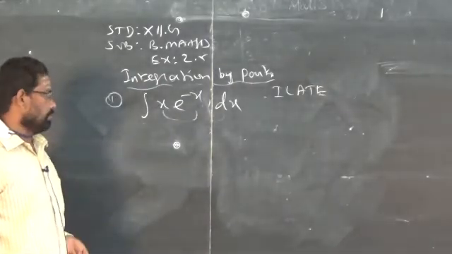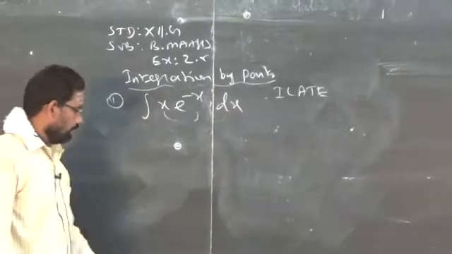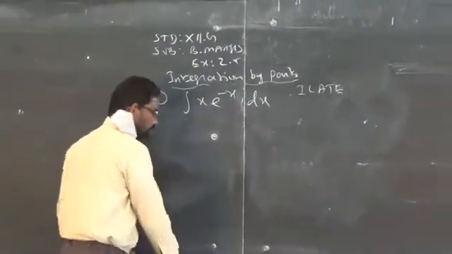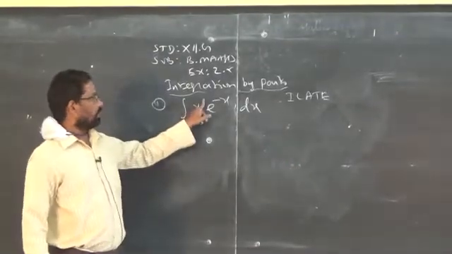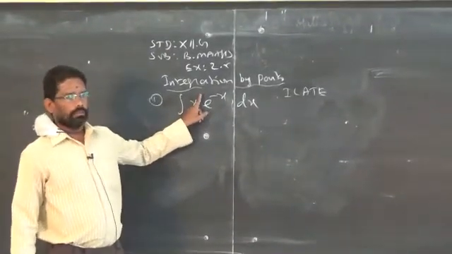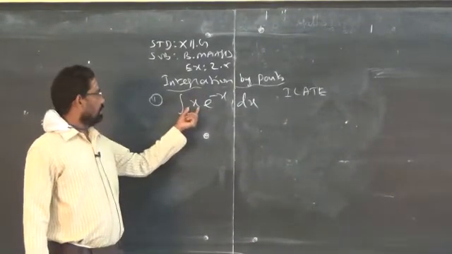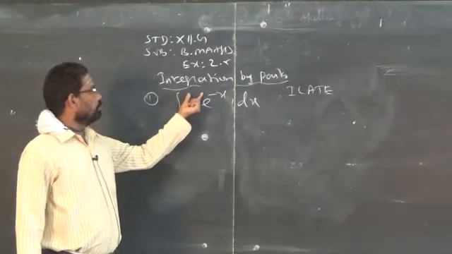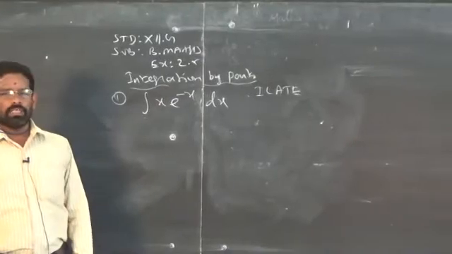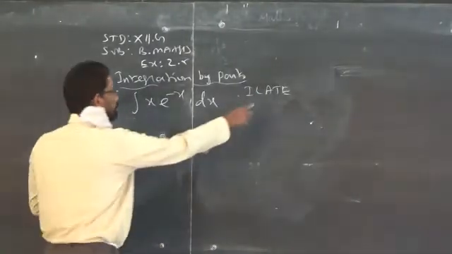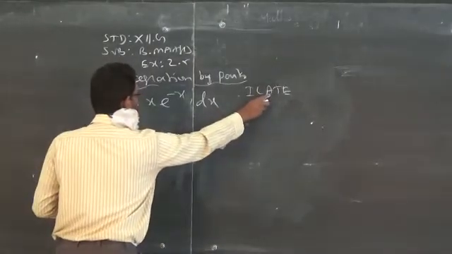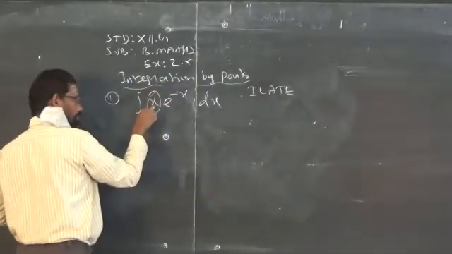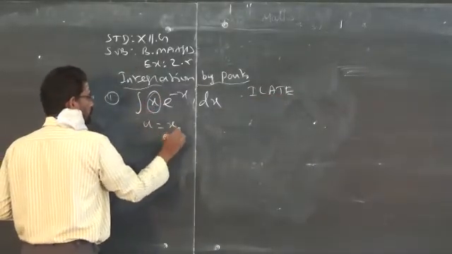Normally, if there is an x variable with positive power, the algebraic expression will always be considered as u. Even in this formula, the algebraic expression comes first and exponents come last. Therefore, this is the algebraic expression, so you consider u equal to x.